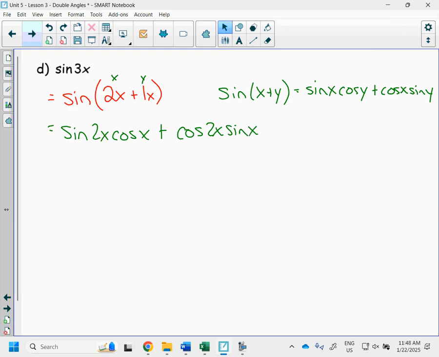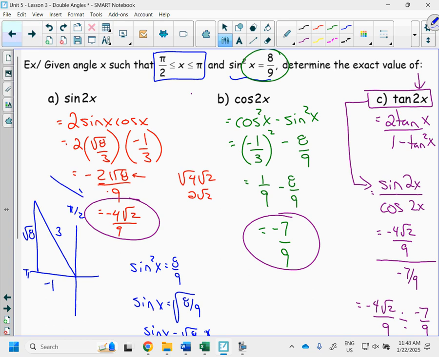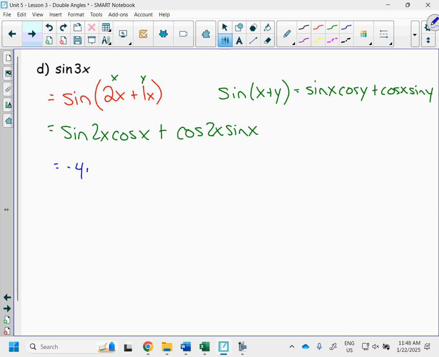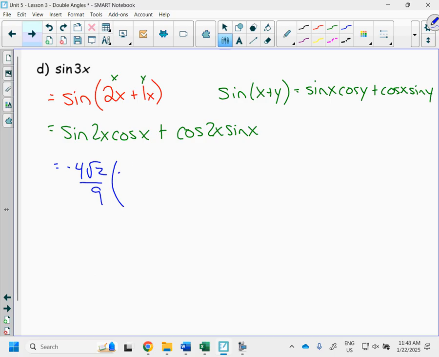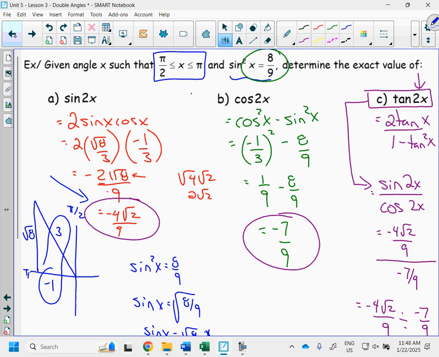And I'm pretty sure we know what sine 2x is. Back here, didn't we say sine 2x was this guy? So -4√2 over 9 times the cos of x. Well, cos of x, we said, well, on our diagram, cos of x is x over r, so -1/3, plus cos 2x, I think we did that one already, that's -7/9.